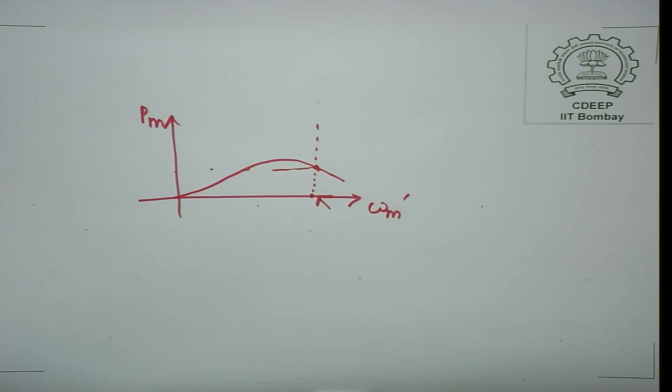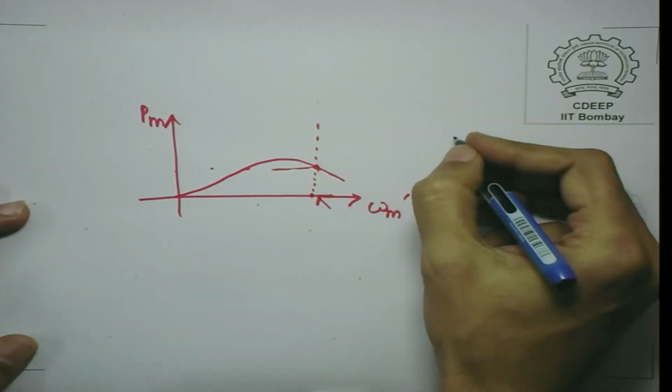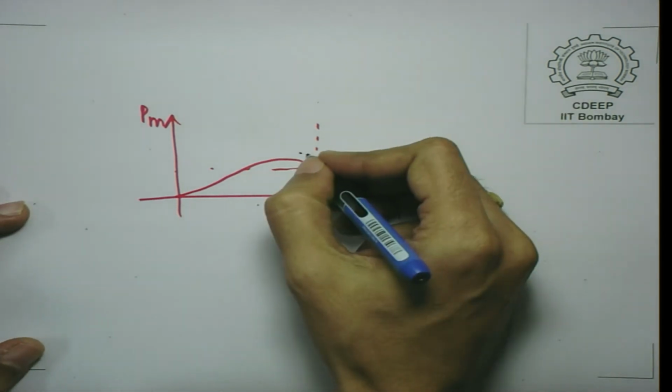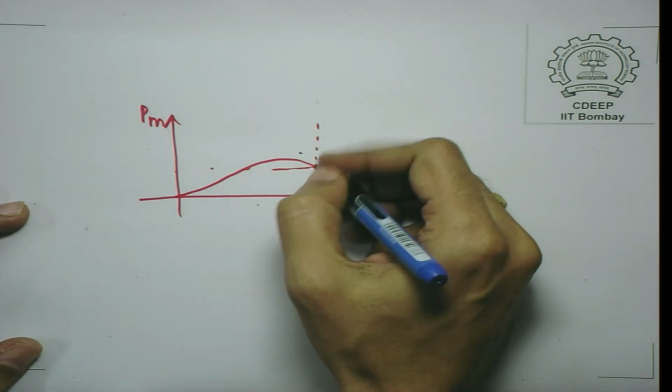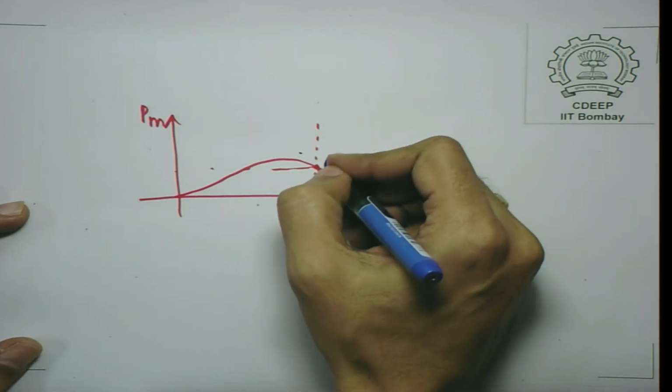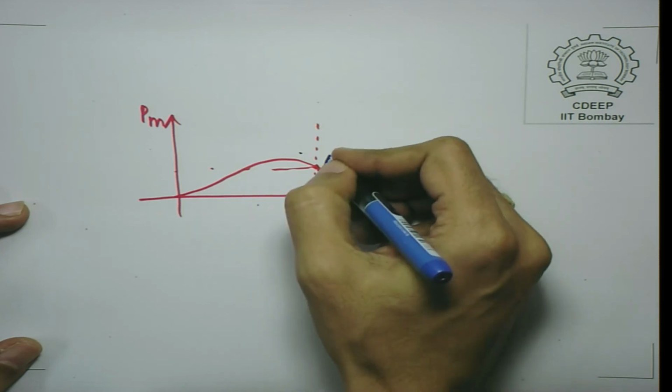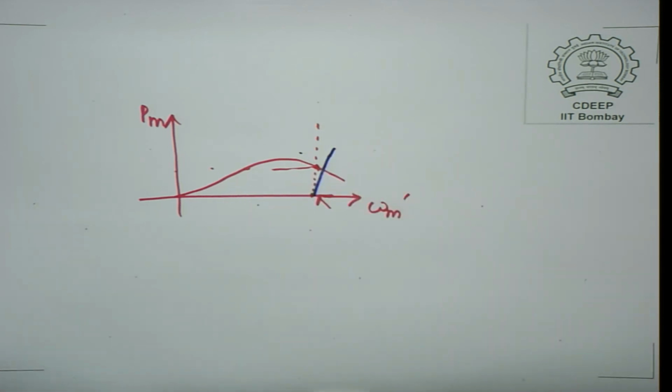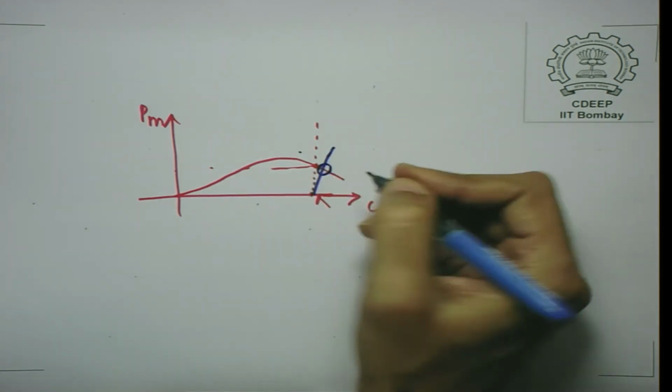machine, the characteristic is slightly slanted. Remember that the electrical torque will be like this. So, you will find that the characteristic will intersect at this point.